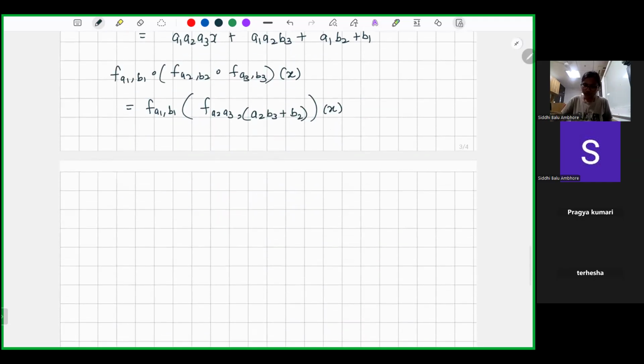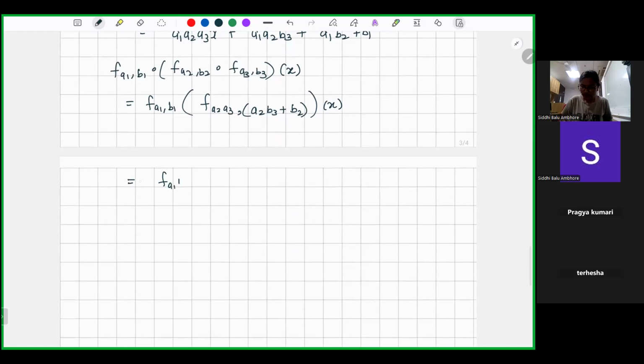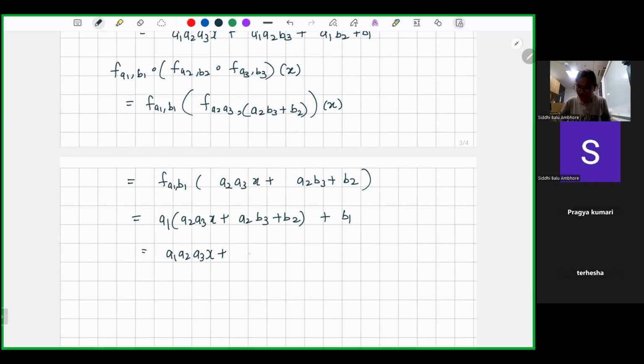Applied on x, this becomes f_{a1,b1} applied on a2 a3 x + a2 b3 + b2. So this is a1 a2 a3 x + a1 (a2 b3 + b2) + b1, and it becomes a1 a2 a3 x + a1 a2 b3 + a1 b2 + b1.